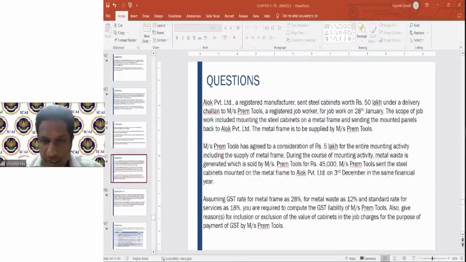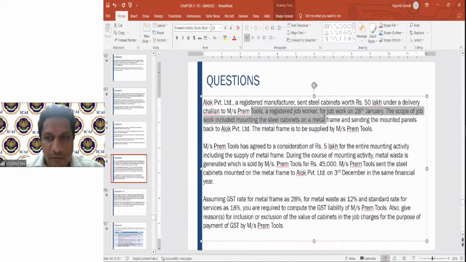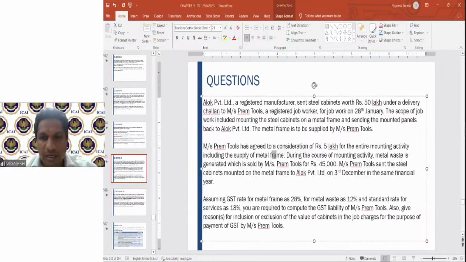Here, if you see the GST liability of Prem Tools, first of all, what is he doing here? Prem Tools is the registered job worker. He has agreed to a consideration of 5 lakhs. In this particular situation, 5 lakhs is for the mounting activity, including supply of metal frame. So job work charges, straight away 5 lakhs you have to take into consideration.